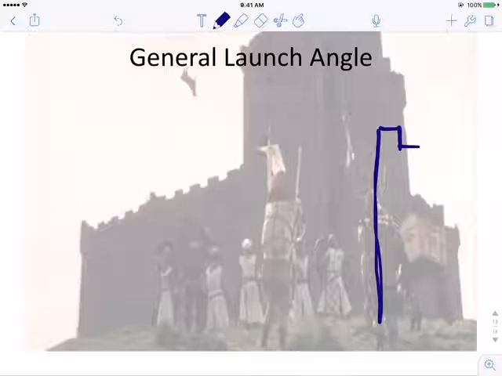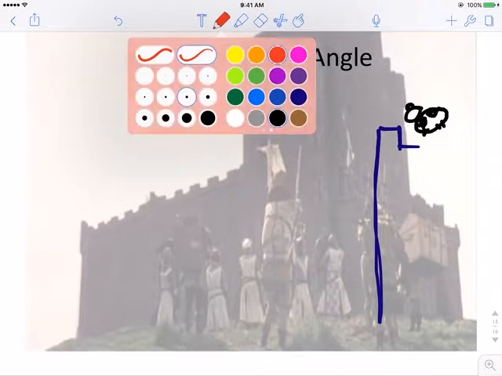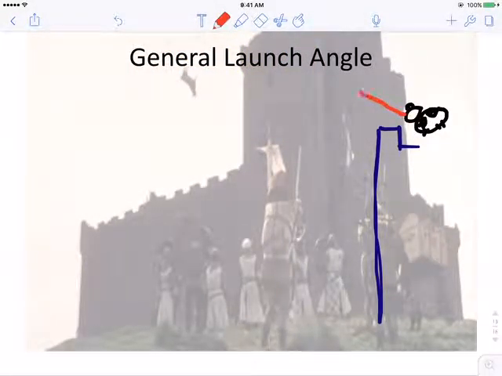And we are going to say that the cow is launched from the castle with an initial velocity of, let's go with, say, 20 meters per second.